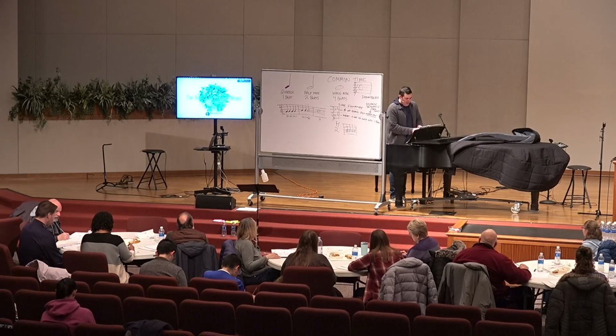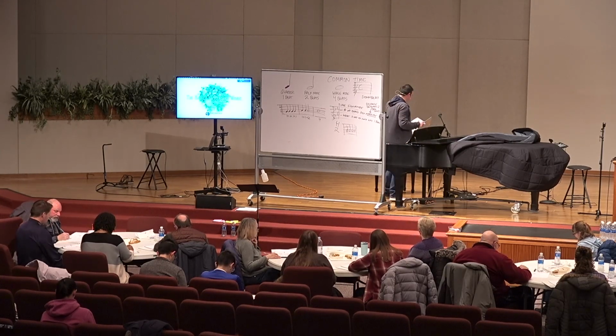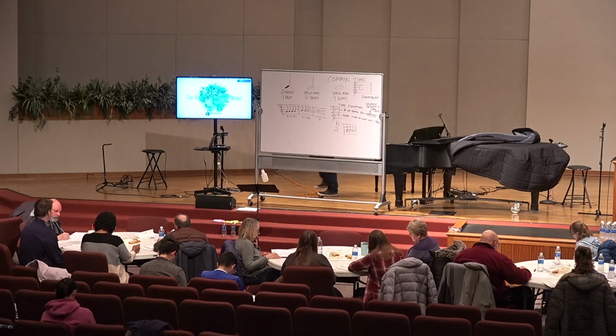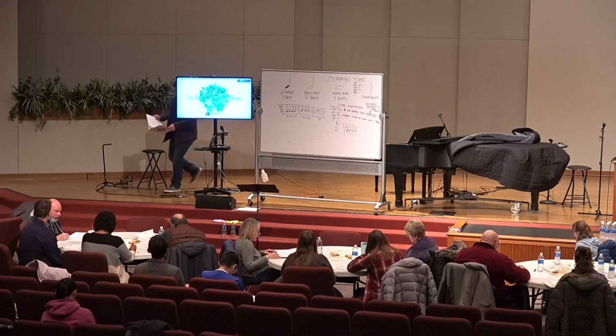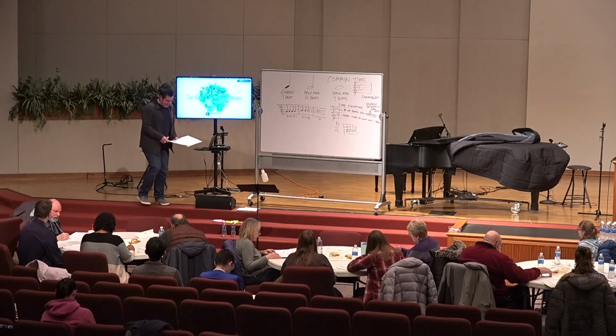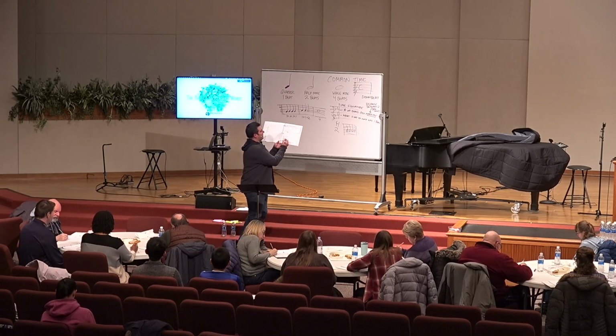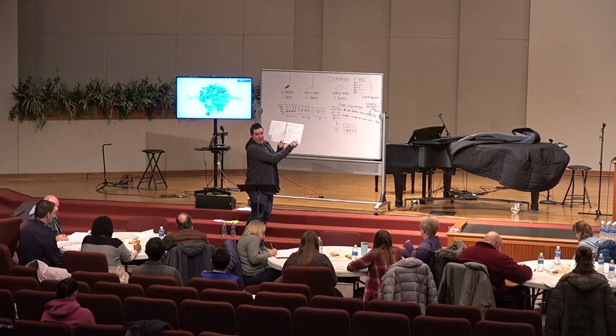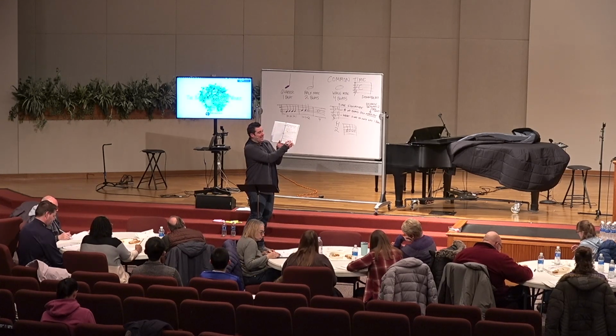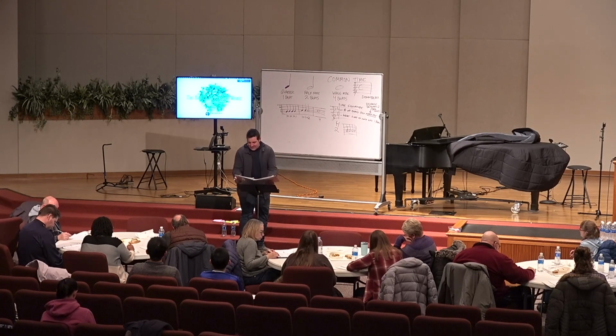This brings up another term that we should talk about. You see how that first line ends with just a regular bar line, but that second line ends with something different? That thing at the end is called a double bar line.